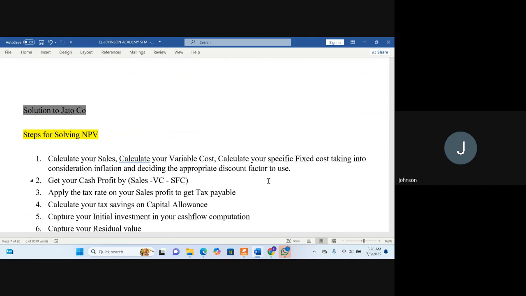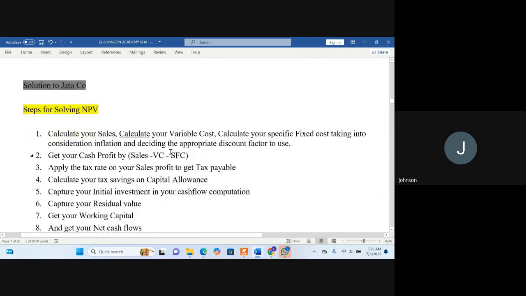But you should also check the inflation. Is it the same for the cash flows? If it's the same, fine, you have no problem. But if it's not the same, then you have to inflate all the cash flows.